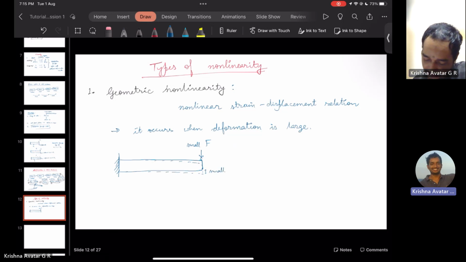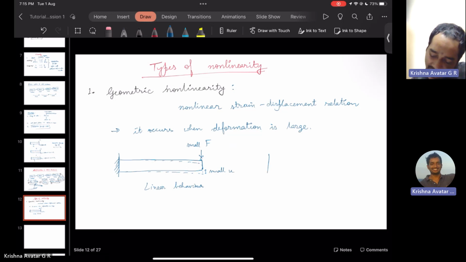Small u. This is what we call linear behavior. And in this case, the relationship between the strain and displacement is linear.